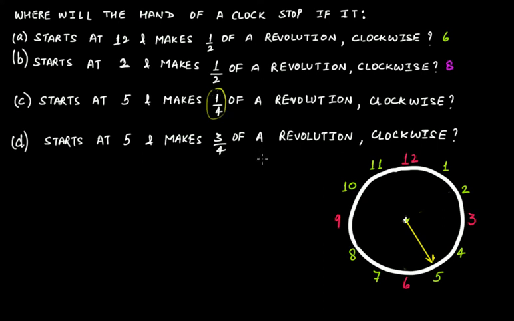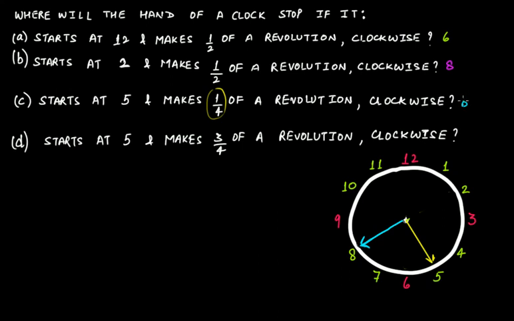Your hour hand has turned through only 1 right angle, and 1 right angle means your hour hand will take 3 intervals. So the first interval 5 to 6, second is 6 to 7, and 7 to 8 is the third interval. So your hour hand will be here. This will be your hour hand's position, that is number 8.